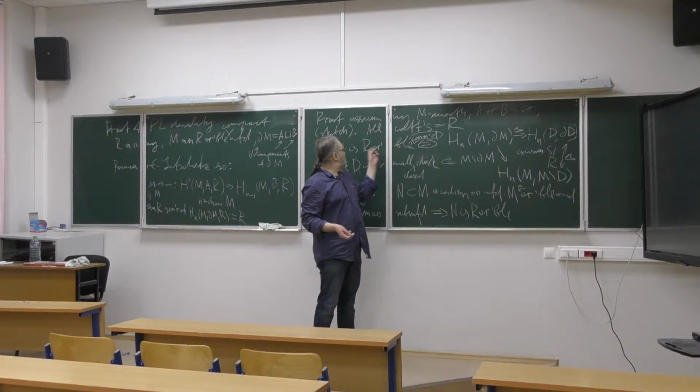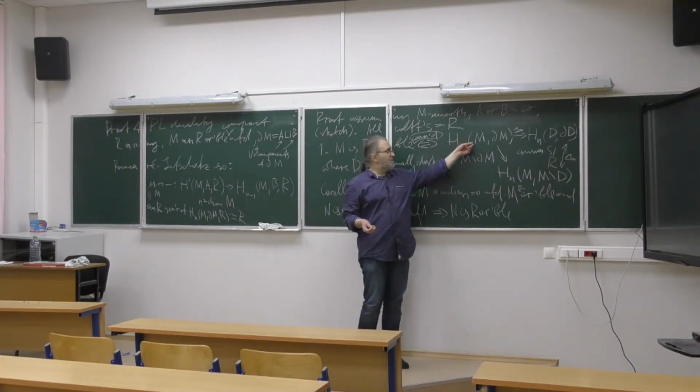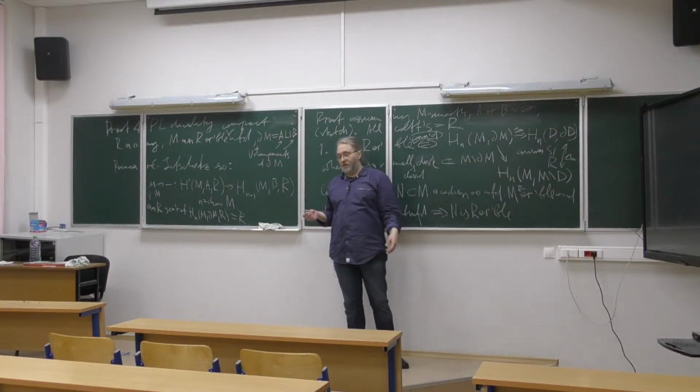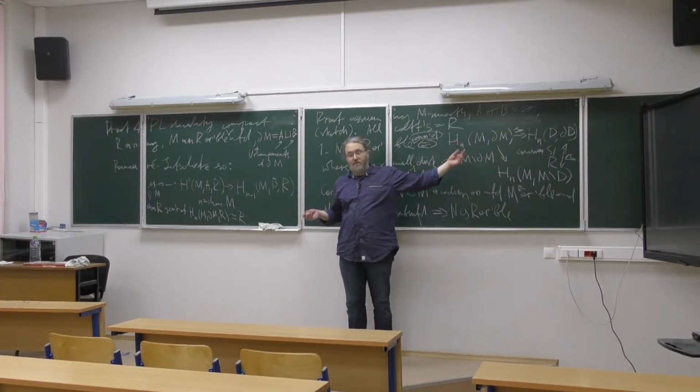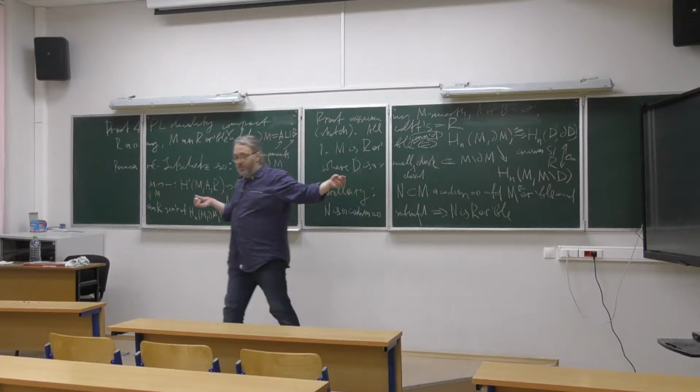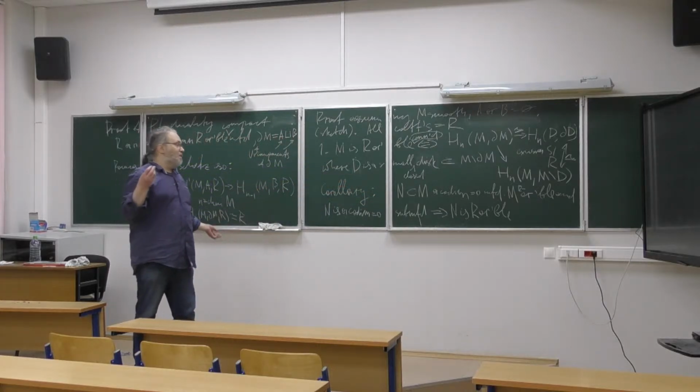If M is R-orientable, then we have this isomorphism for every small disk, and if we have this isomorphism for every small disk inside the interior of M, then M is R-orientable.